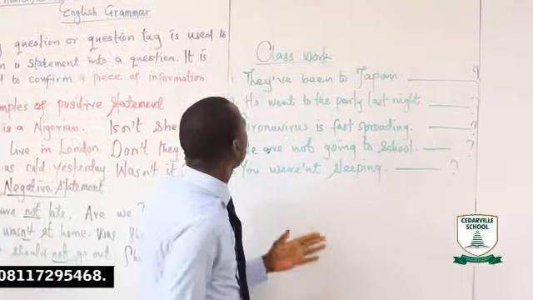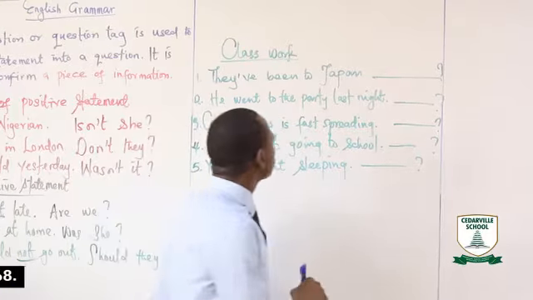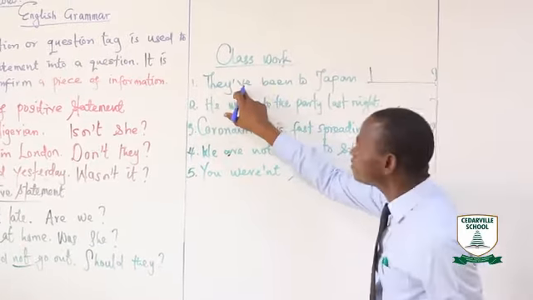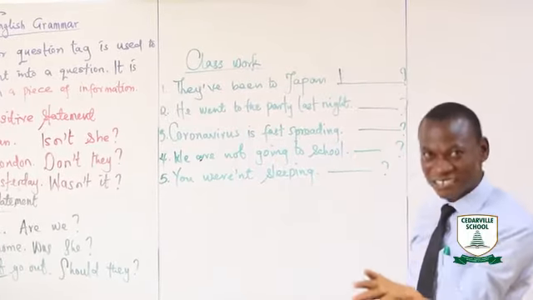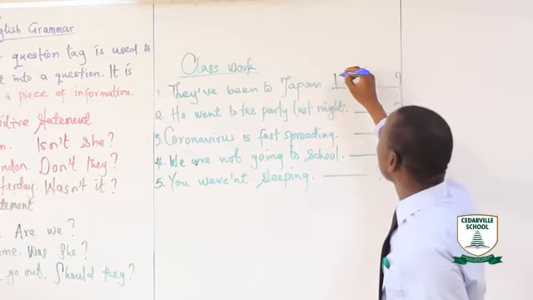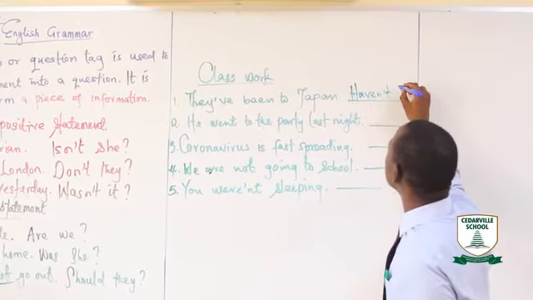Exercise now. Okay, they've been to Japan. Because the statement is positive, it attracts a negative question tag. So the question tag now is going to be, haven't they?